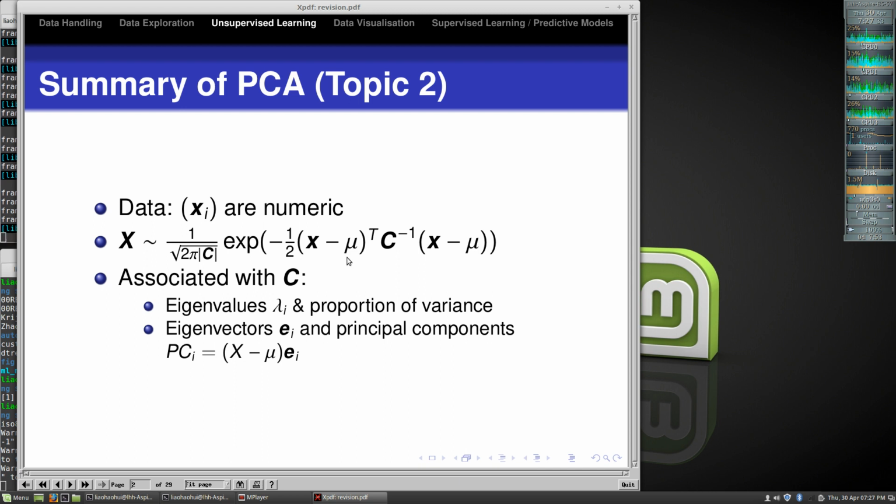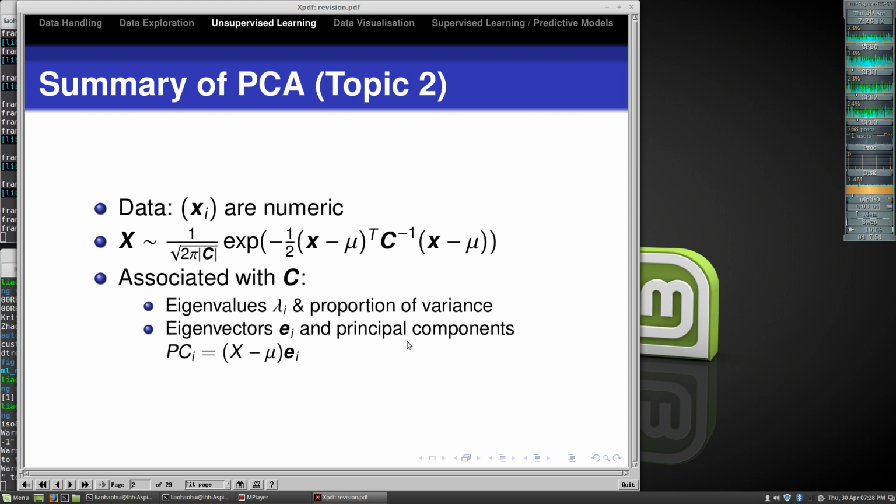It's associated with the normal distribution, and the eigenvalues and the proportions of variance and also the cumulative proportion of variance are all associated with the eigenvalues of this covariance matrix C. The eigenvector corresponding to the eigenvalue is for finding the principal components.